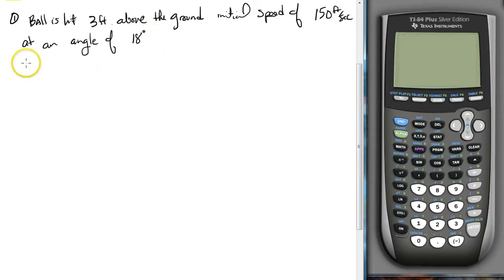First part, write the parametric equations that will describe this.